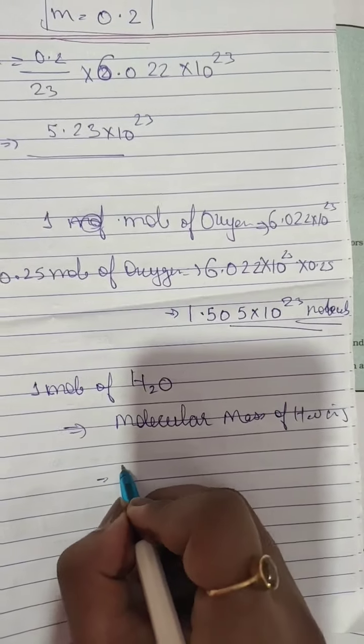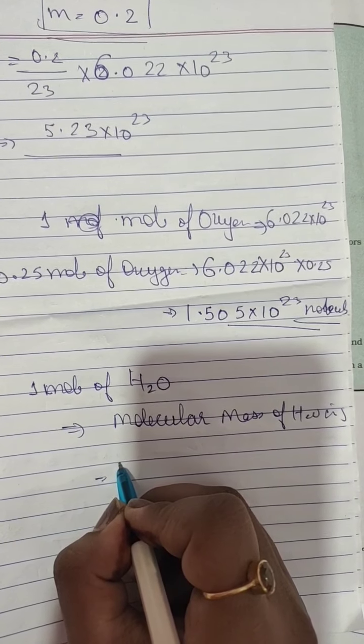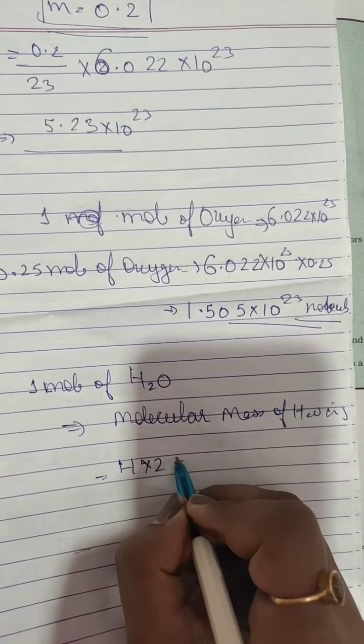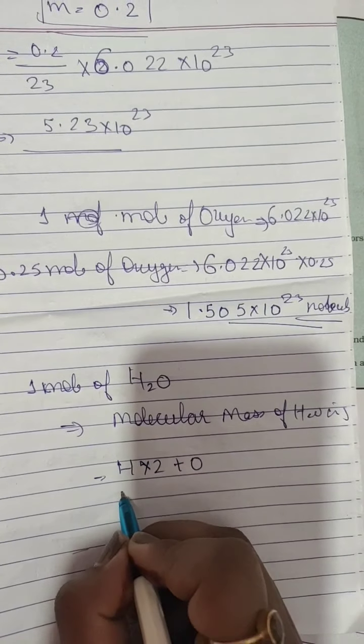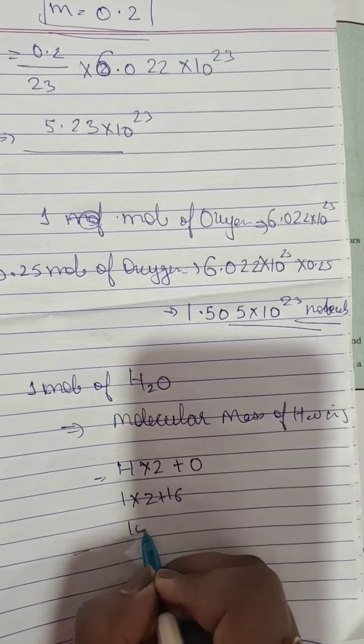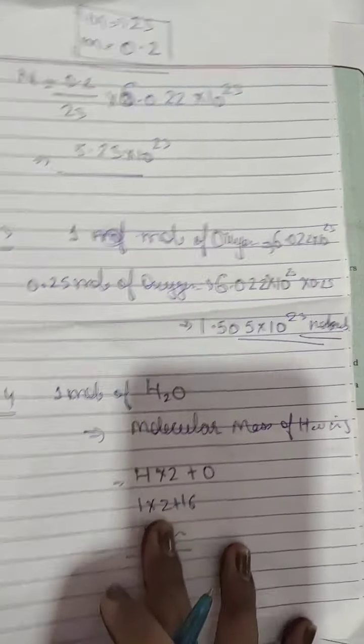It will be mass of hydrogen into 2 plus mass of oxygen. So it's 1 into 2 plus 16. It's 18 grams. Very easy.